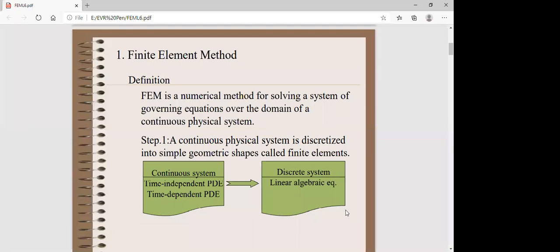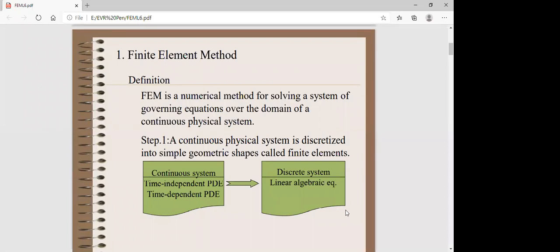Finally, after getting the element equations, we assemble them. That assembled system of equations represents the whole system domain. If you solve that system of equations, that solution will give us an approximate behavior of the physical system.